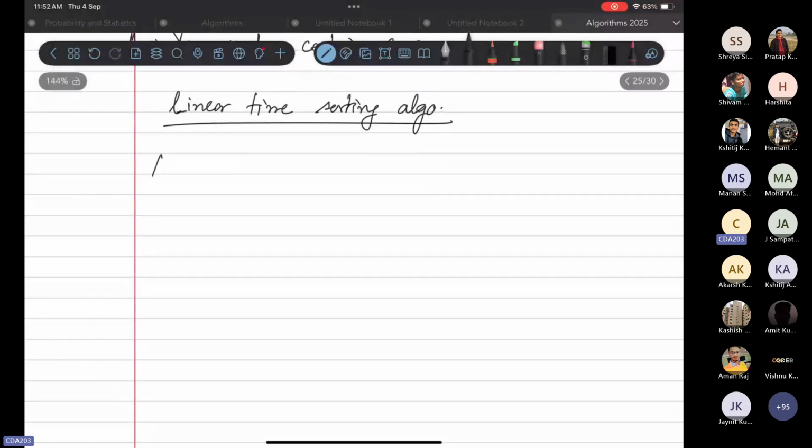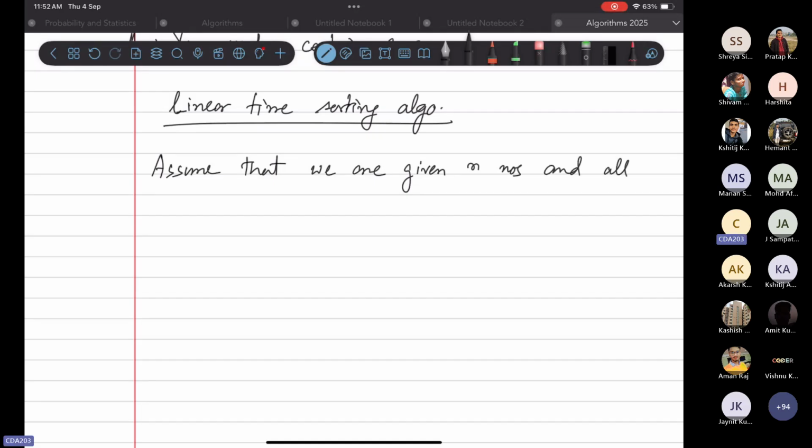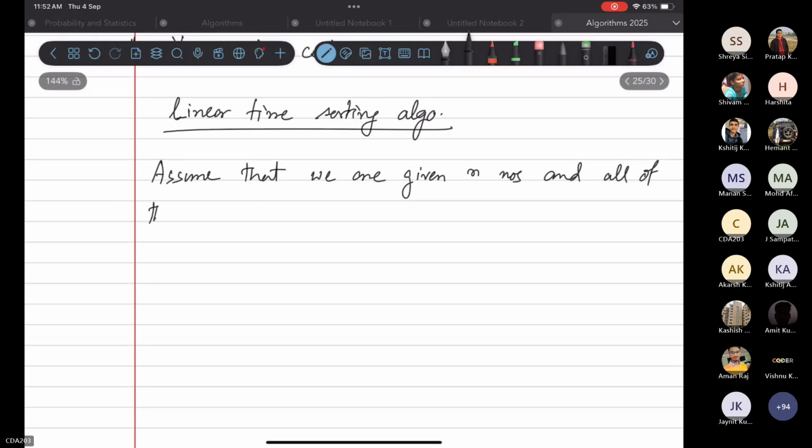So suppose, assume that we are given n numbers, and all of those numbers are from 0 to 9.